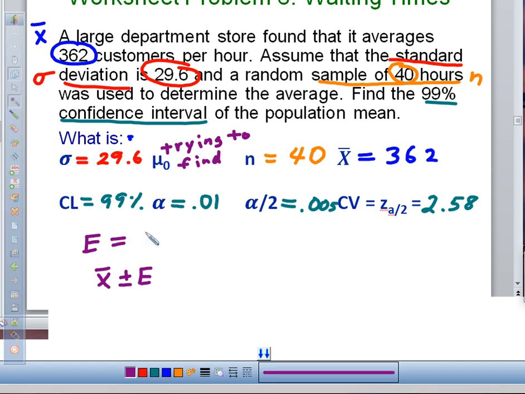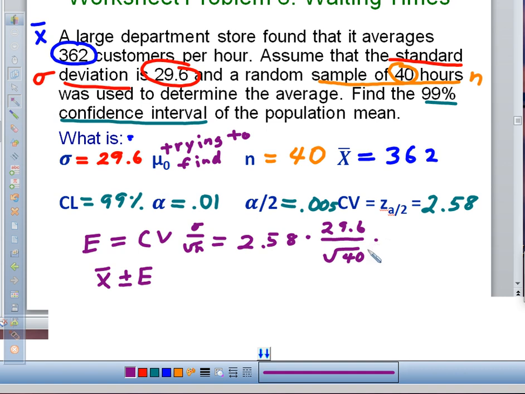All right, so your error, again, is your critical value times your sigma over the square root of n. So our critical value for this would be 2.58, and our sigma is 29.6, over the square root of n, the square root of 40.